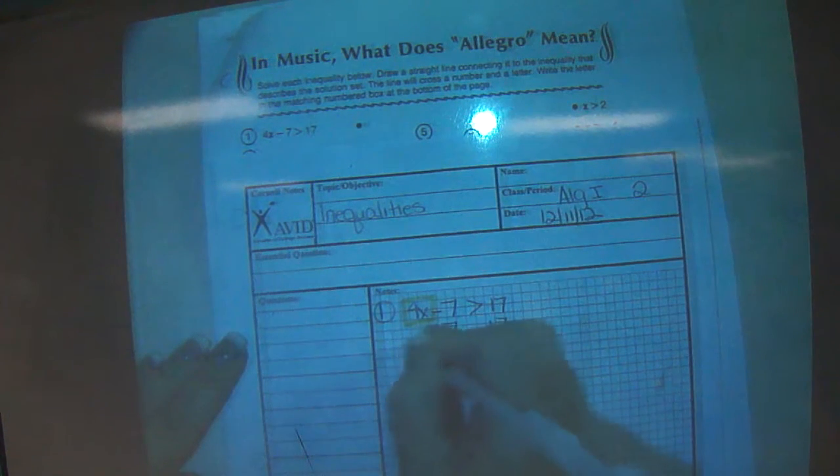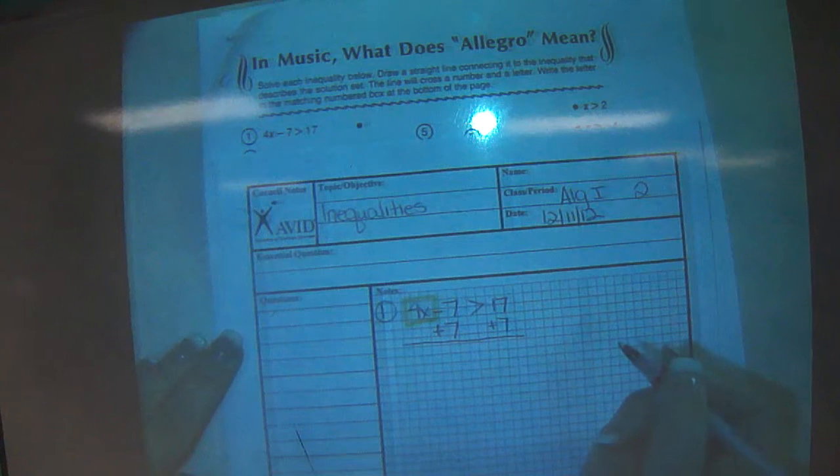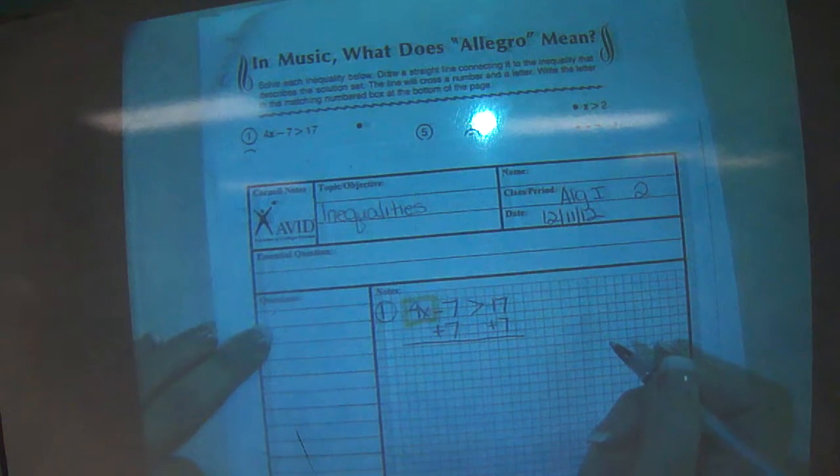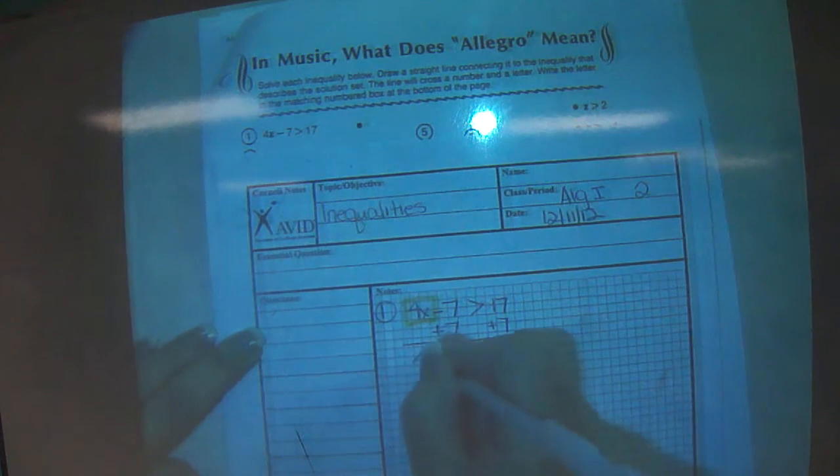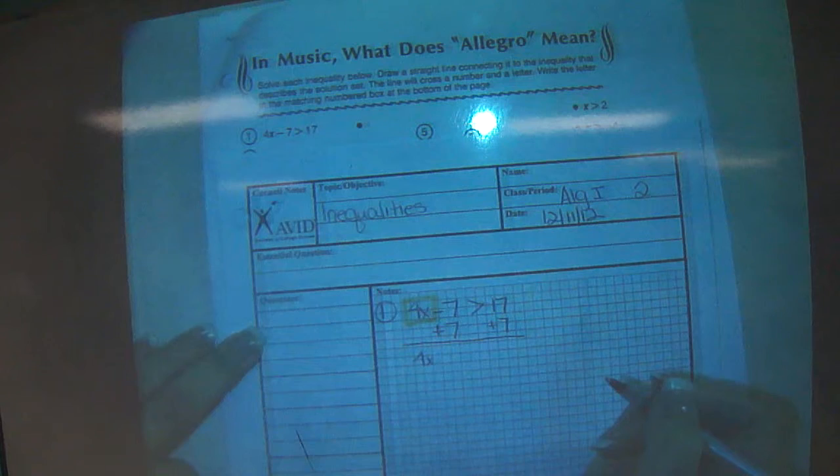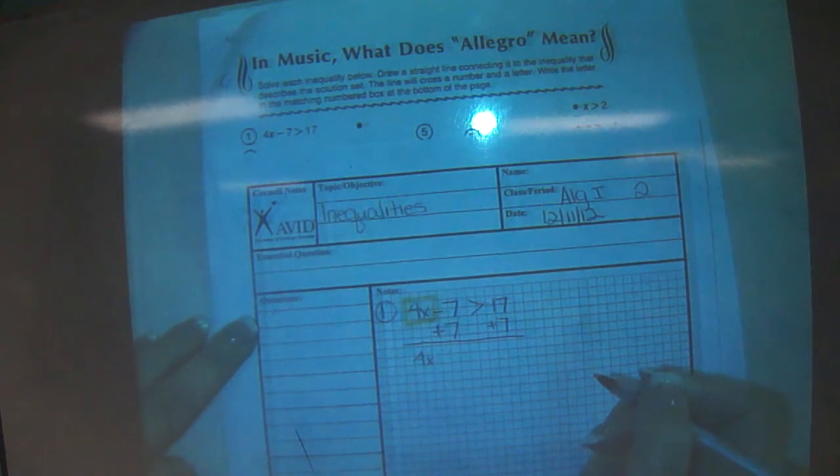So what question would we ask to go with that process? Avid students, what would you say here? To isolate the variable expression.